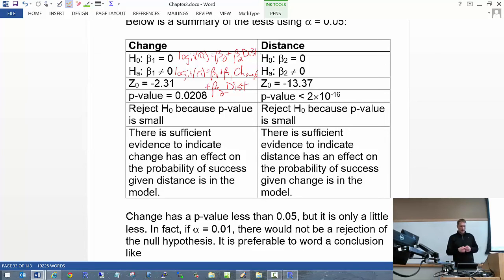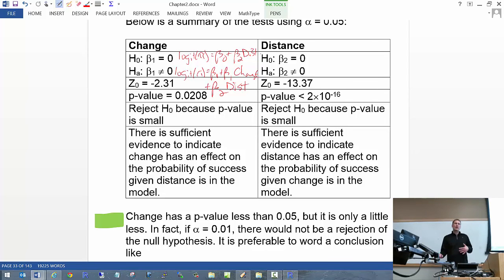Now, I have to admit, and this is what's discussed below the table, that it's probably better in this particular situation to say maybe there's marginal evidence. Because if I were to use alpha 0.05, obviously p-value is less than alpha, so you would reject. What happens if you say alpha 0.01, which is a common thing to do? Well, then you don't reject.